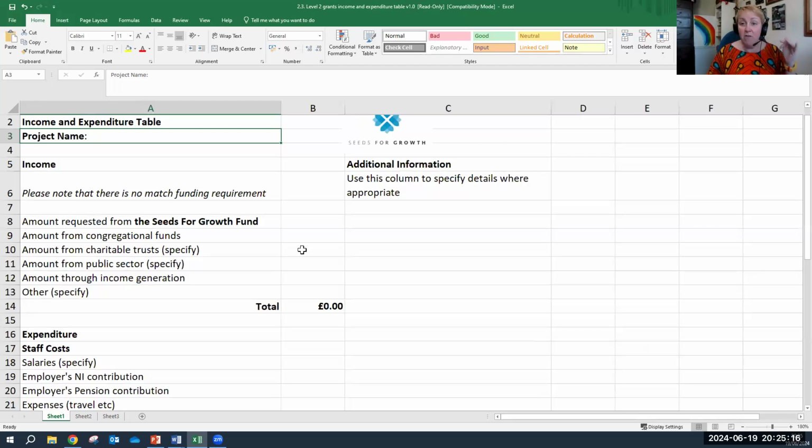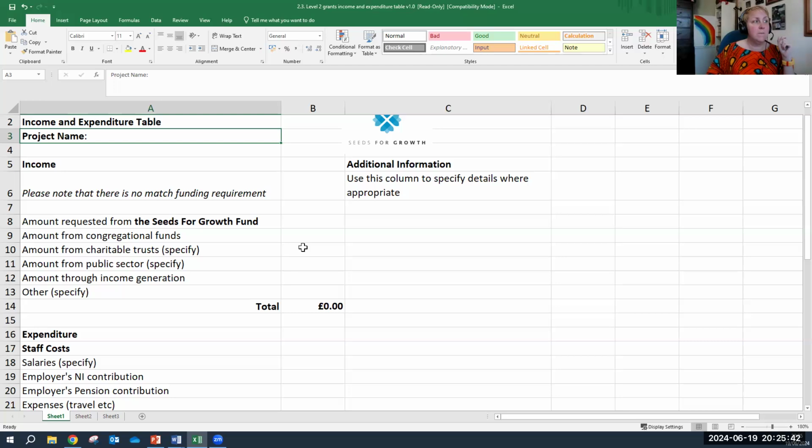Specify. You might have dozens of them, in which case specify them and how much you're getting. You might be getting something from a public sector body, like the local council. And then you might be doing the income generation idea that we talked about as well. And you might think of things that we can't even think of right now because you're so imaginative and innovative. So put them in there as well.